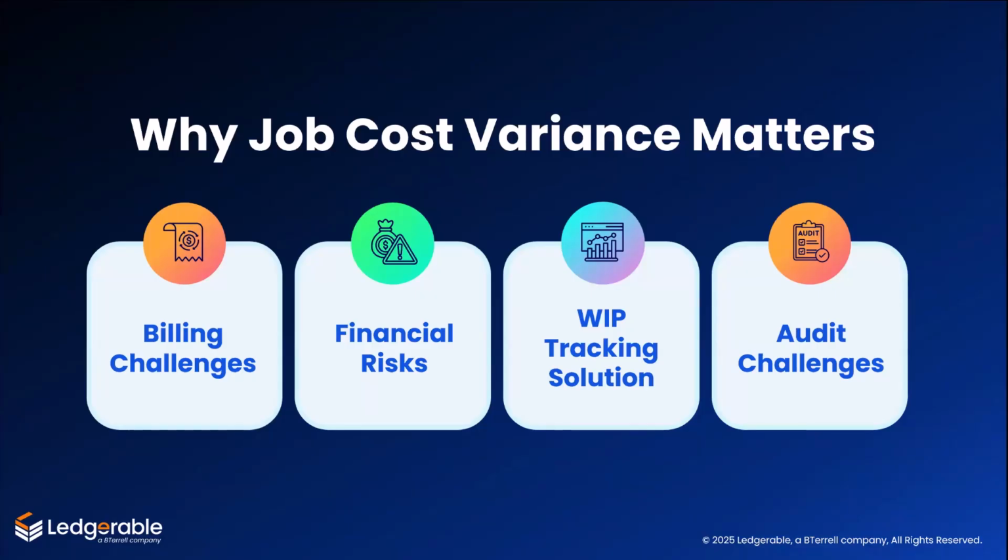And worst of all, when auditors or bonding companies see inconsistencies, credibility takes a hit. And this isn't just a reporting issue, it's a risk management issue. Like my boss always liked to say, if you're not managing risk, then you're not managing at all.